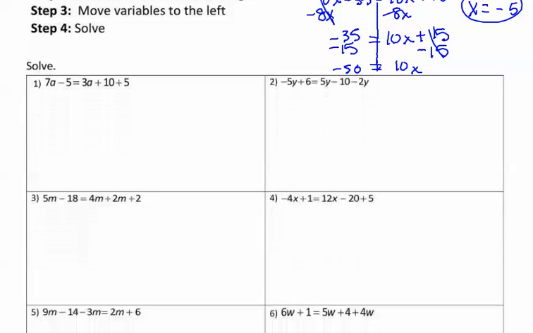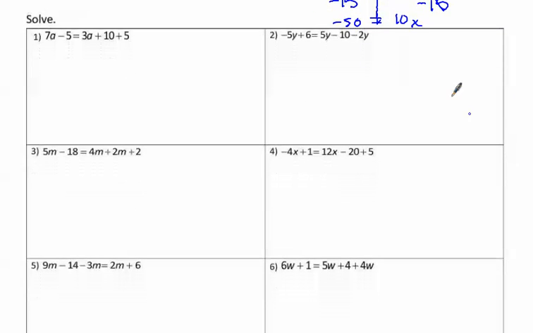Let's try a couple. Problem 1, 7a minus 5 equals 3a plus 10 plus 5. I can combine my constants. 7a minus 5 equals 3a plus 15.